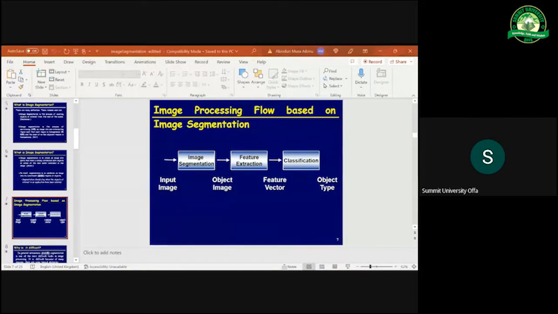That feature vector is then fed into the classification algorithm or block before the object can be identified. That is what you call the image flow process.